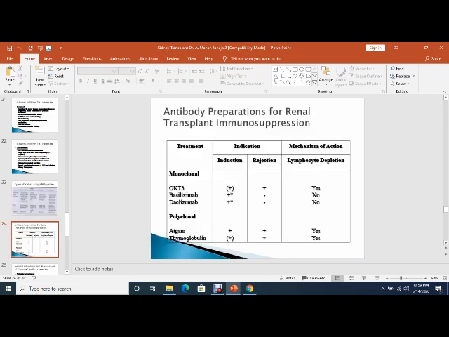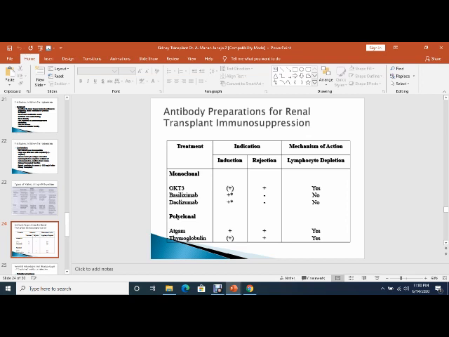So this slide shows the antibody preparations for renal transplant immunosuppression. There are two types of antibodies, monoclonal and polyclonal, with their indication, induction phase, rejection, and mechanism of action. OKT3 is given in both the induction and rejection phase and causes lymphocyte depletion.